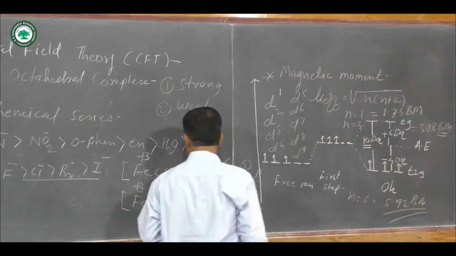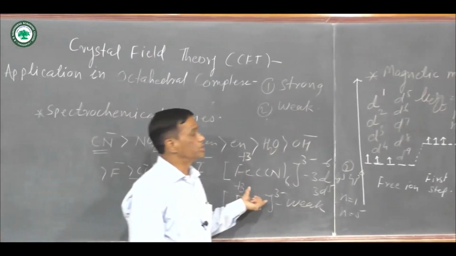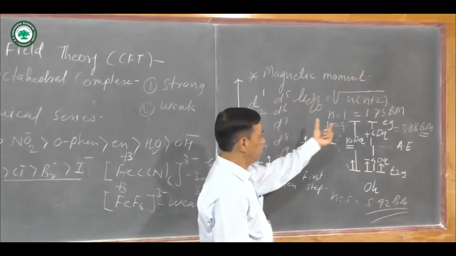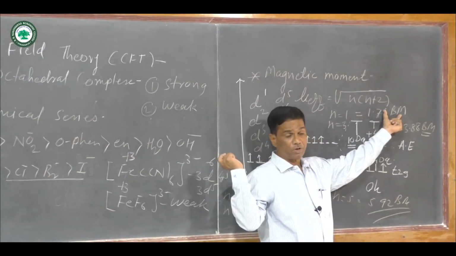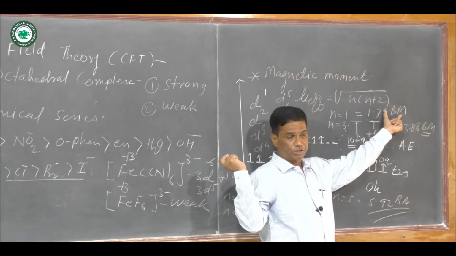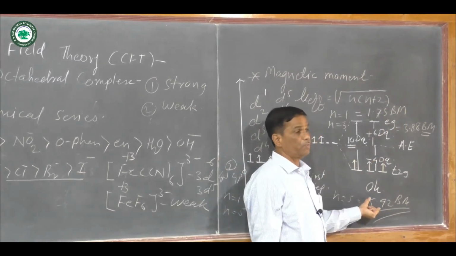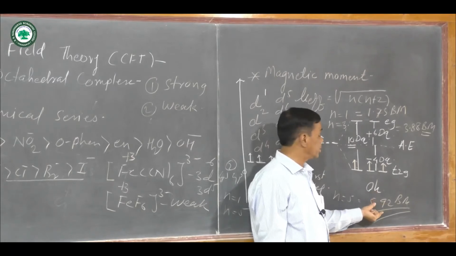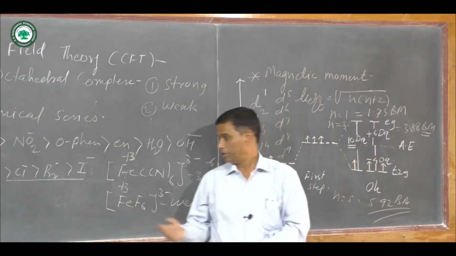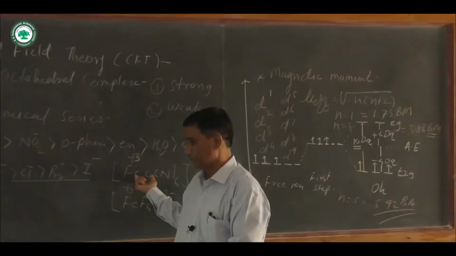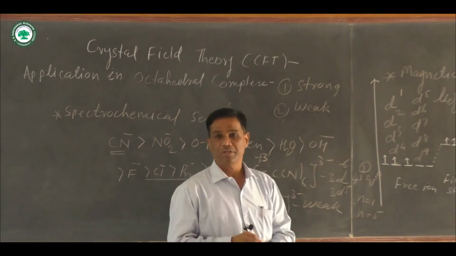And if you prepare these complexes and measure their magnetic moment, these values are quite near to 1.73 BM for the first complex, that is [Fe(CN)6]3-, and for the second complex it is 5.90 BM. It is near to 5.92 BM, and that proves that the first complex is a strong field complex and the second is a weak field complex. Okay, we'll stop here.